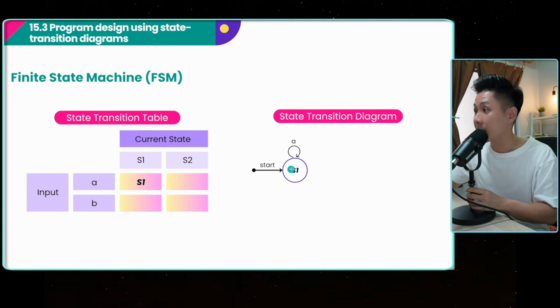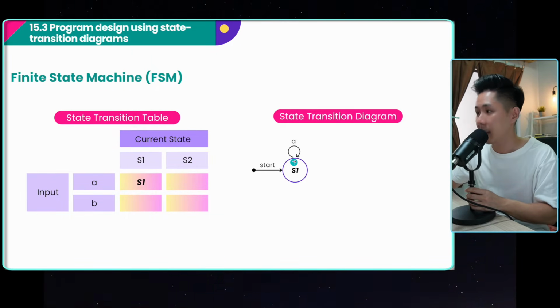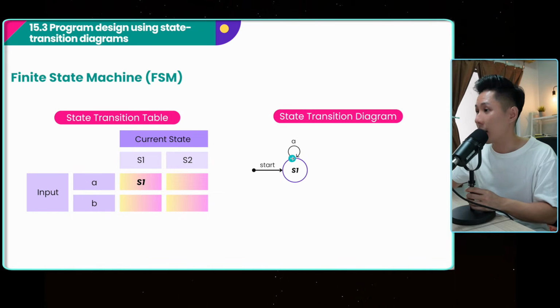And how we draw this in the state transition diagram: first you represent the state with a circle, and of course you start first, and then the input with the arrow. Look, because the input A will cause state 1 to go back to itself, this is why I draw it as such. So let's look into another one.